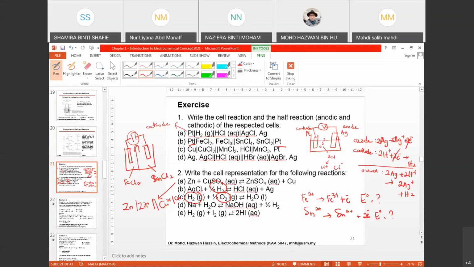So meaning that over here, from this reaction, you have silver, and it becomes silver ions, and then this one will be acid, and it becomes H plus. So from here, the equation is a bit haywire.